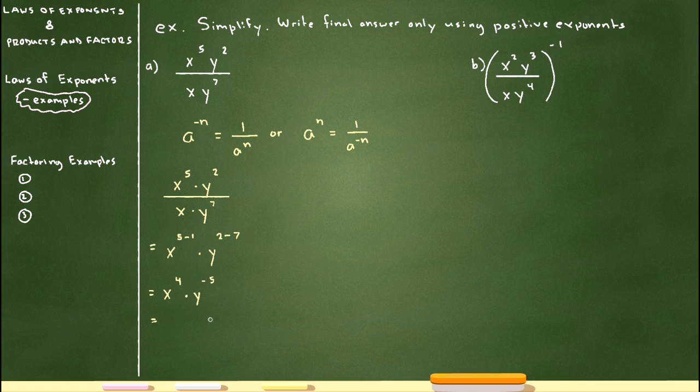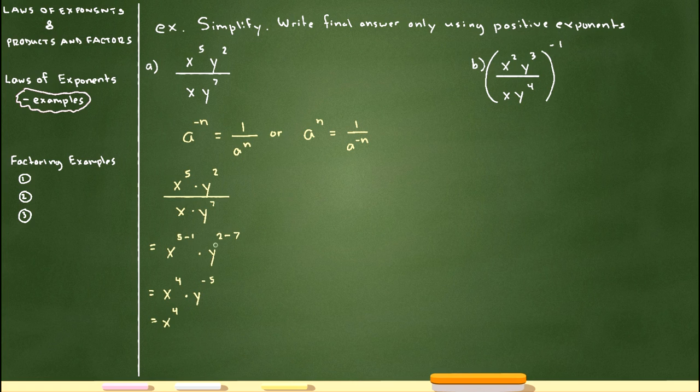And we need to write our final answer using only positive exponents. We see here that we have a negative exponent, right? So if we wanted to work with only positive exponents for some particular reason, the x to the fourth is fine, so we could leave that alone.